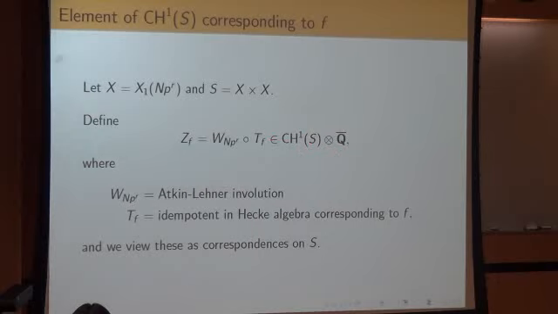And I actually want to hit that Hecke operator with another Hecke operator, which is the Atkin-Lehner involution, which plays an important role. And so that gives me an element of Chow 1 of S. The Atkin-Lehner involution actually took me the longest to figure out, that that's what I needed to make things work out.